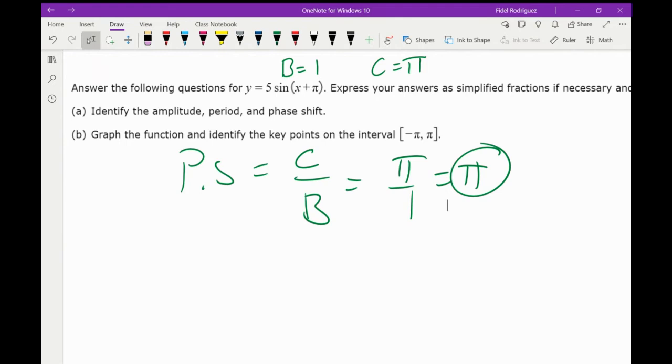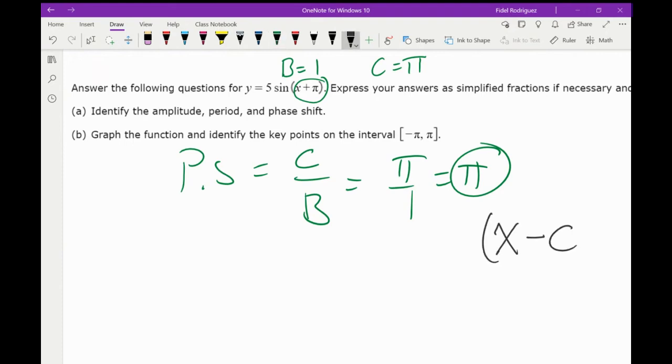Negative pi. Oh, you know why? That's right. That's my bad. If you look here, there's a minus in front of it, right? And if I look at my problem, what's in front of our pi there? It's a plus, right? I'm glad you brought that up, Jennifer.